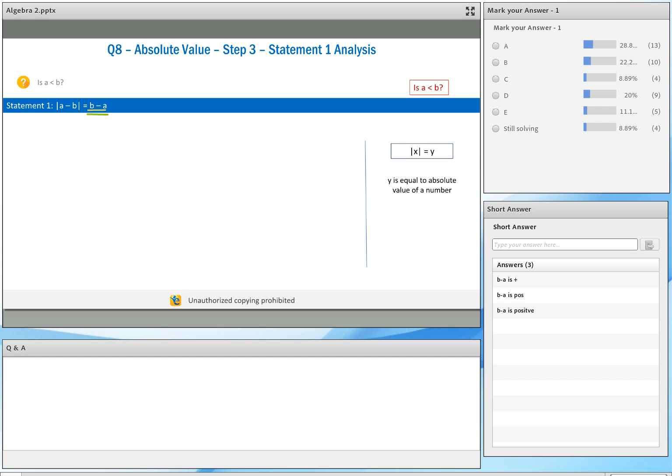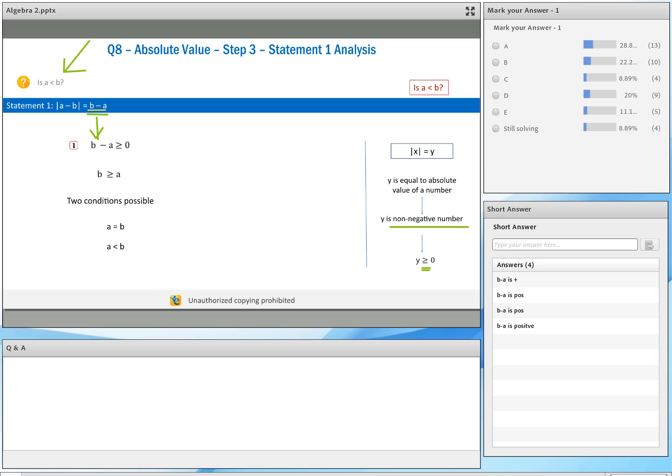When y is equal to the absolute value of a number, that means y is a non-negative number, which means y is greater than or equal to 0. Equal to 0 is what you missed out on. So the correct interpretation of this statement is that B minus A is greater than or equal to 0, which means that B is greater than or equal to A. B can be either equal to A or greater than A, which means I don't know for sure whether A is less than B or not.